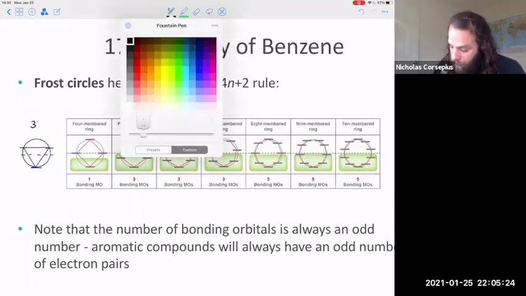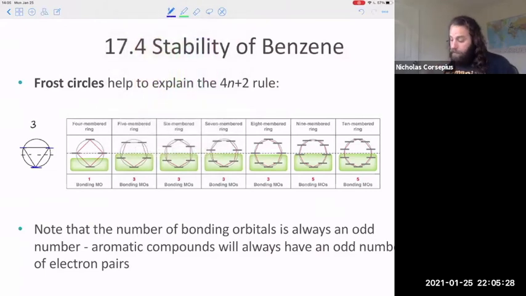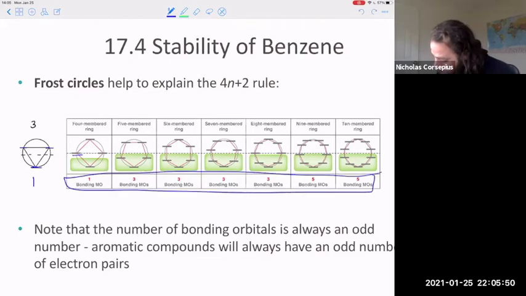Notice that for each of these, we can break it down in terms of how many bonding molecular orbitals it has. In the case of the 3-membered ring, you have 1. 4-membered ring, you have 1. Notice that these sit exactly at the same energy level as a p orbital all by itself. Because it's really hard to draw polygons perfectly, having these numbers memorized will help you out a lot.